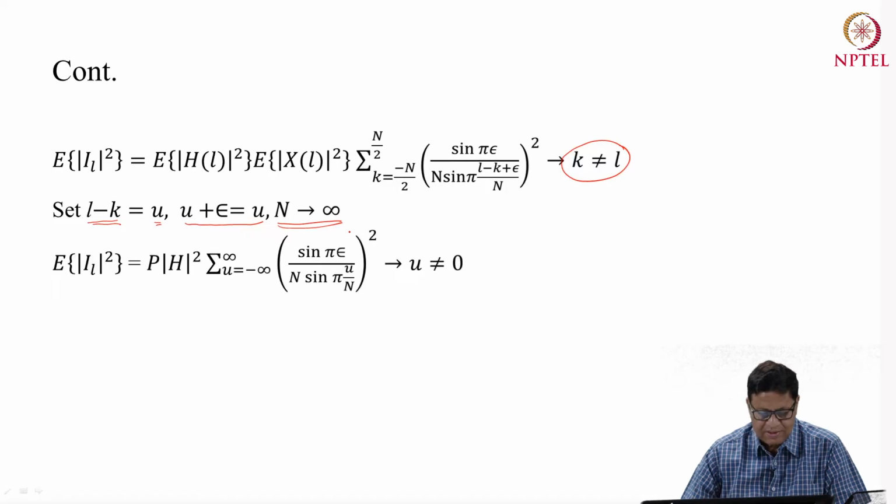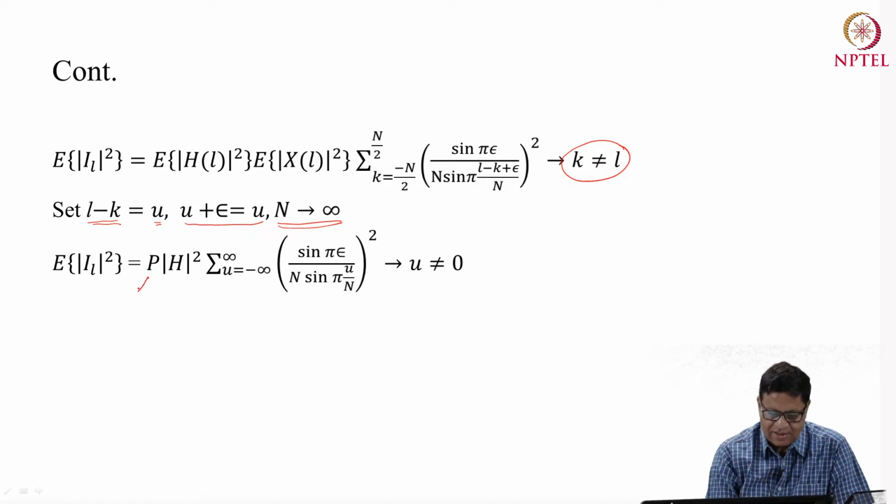Under this condition, the expected value of I_l squared, the interference part, is P, where P is again the power in the data symbol, and H is the average channel coefficient.